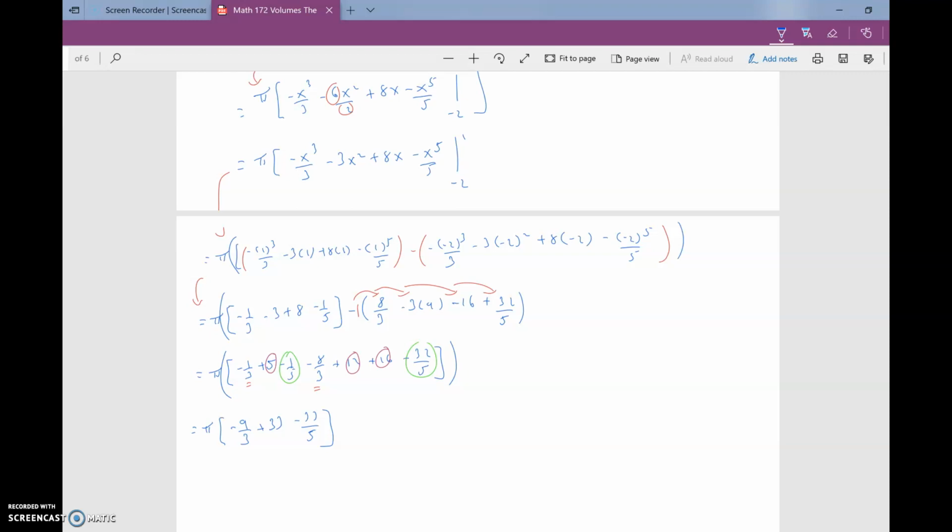So -33. Okay, so our LCD is equal to 15. So I don't see anything simplifying yet. So multiply times 5, multiply times 15, and multiply times 3.